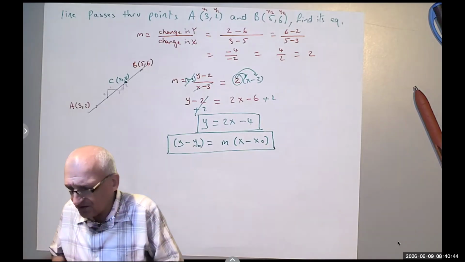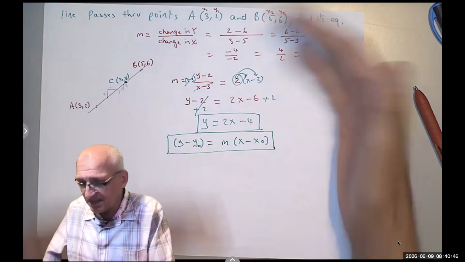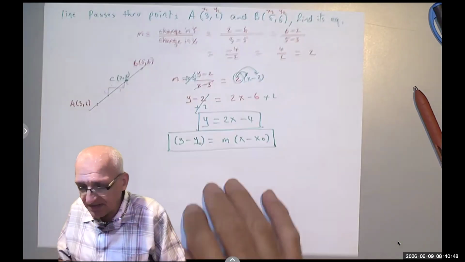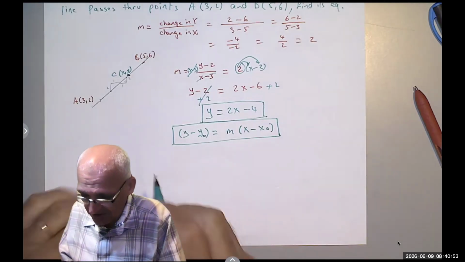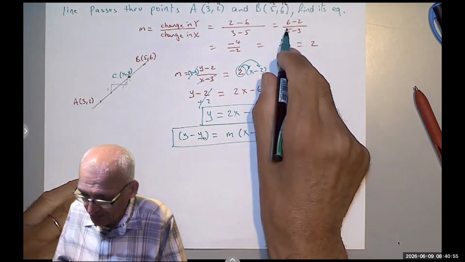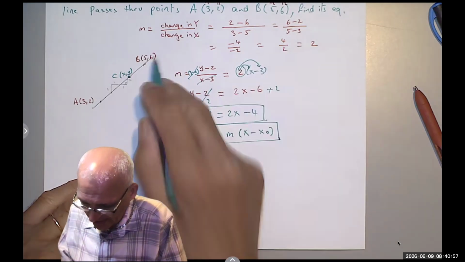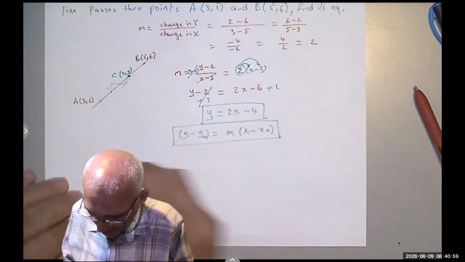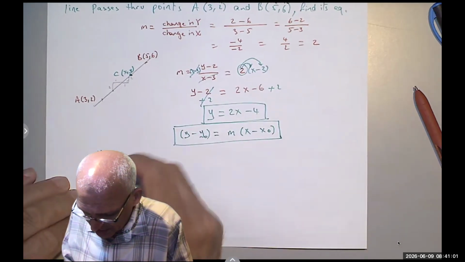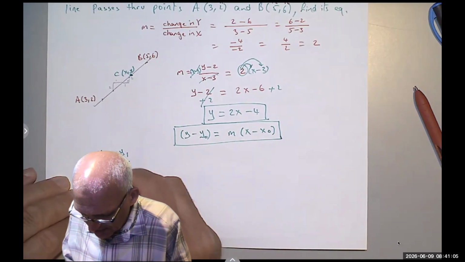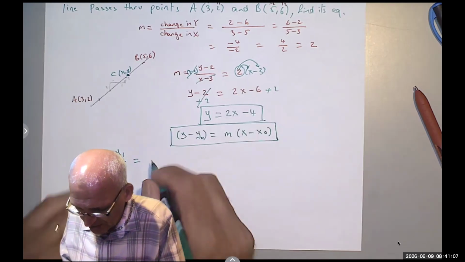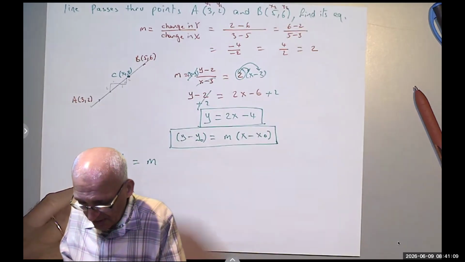So you would say, so why did you do it like in 2 steps? Couldn't I just say that this slope, 6 minus 2, so I can call it y2 minus y1 over x2 minus x1 equals the slope, right?